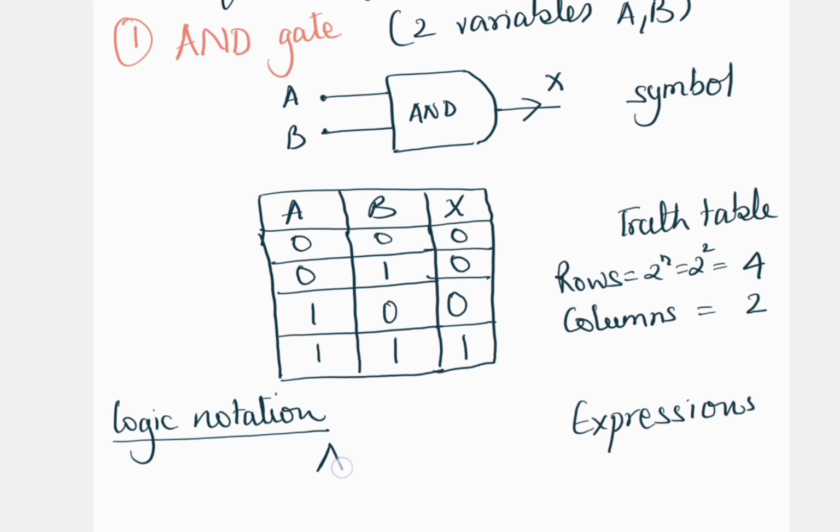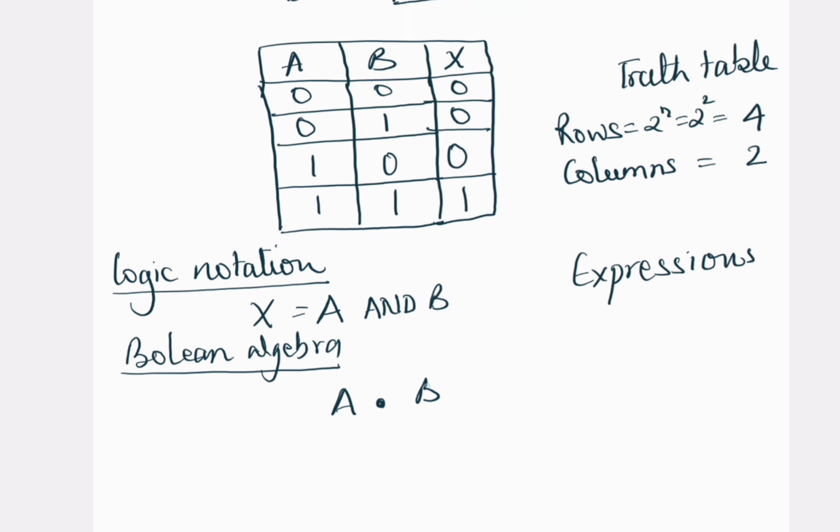You have to write it very clearly using uppercase A AND B is equal to X. And then if you write the Boolean algebra, it's written with a dot. So Boolean algebra: A dot B. The AND is replaced by the dot, and this gives you the output X.